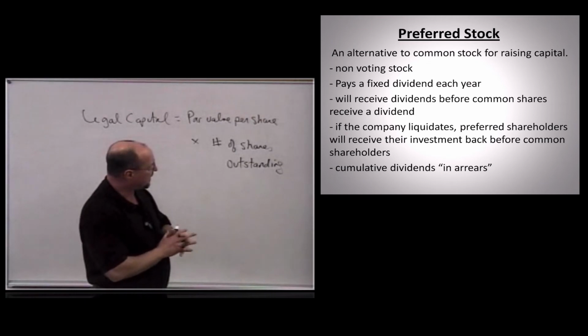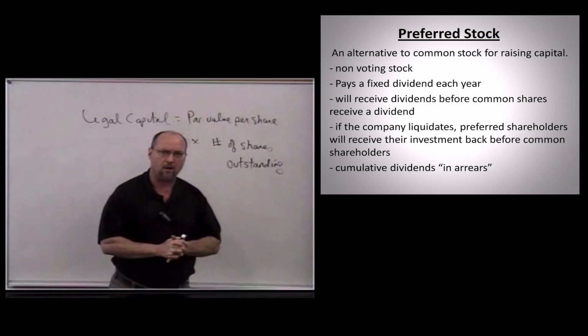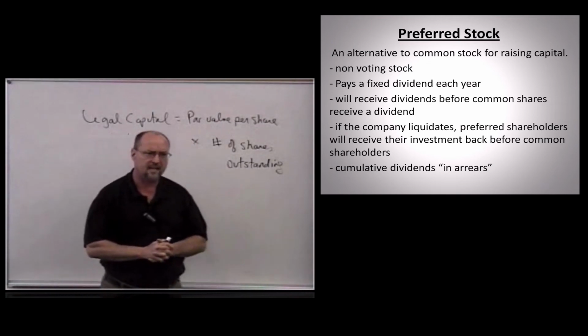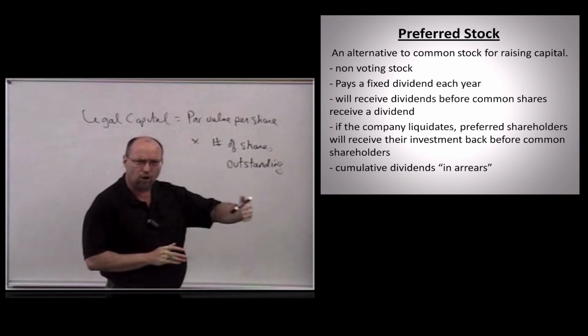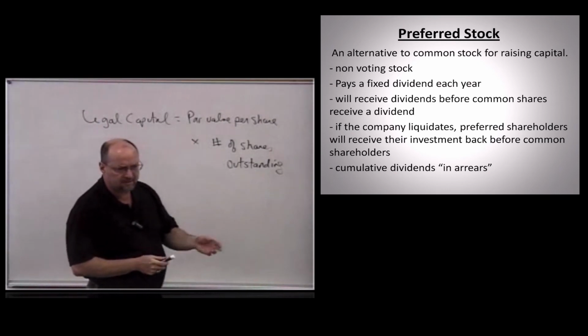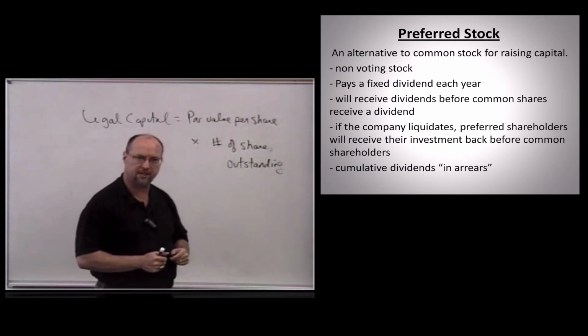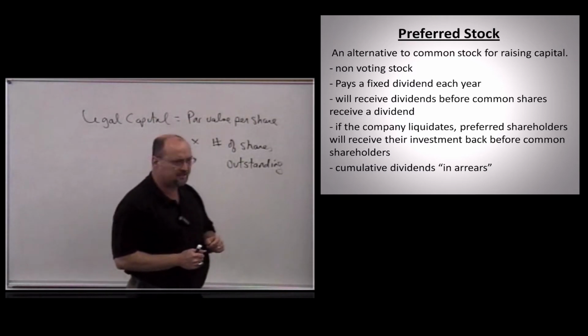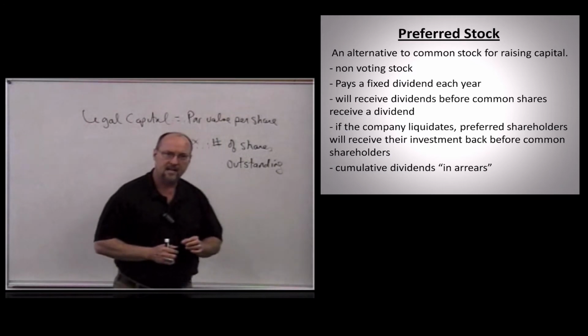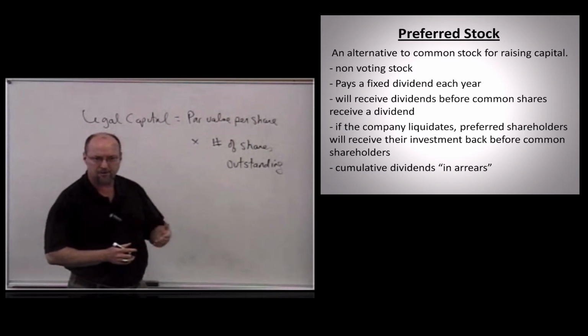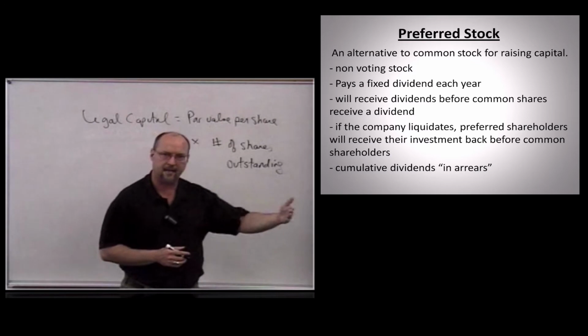Okay, so preferred stock, which also has a par value, and par value for preferred stock is usually larger, and you'll usually see it in the books at like $50 par value per share or $100 par value per share. And it pays a fixed dividend, and that dividend is usually stated as a percentage, 6%, 7%, 8%.